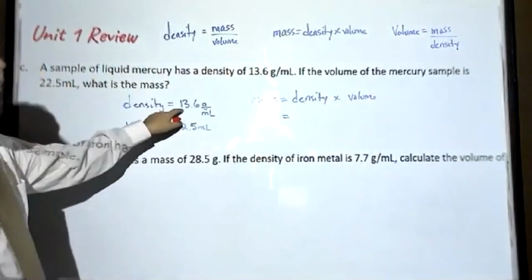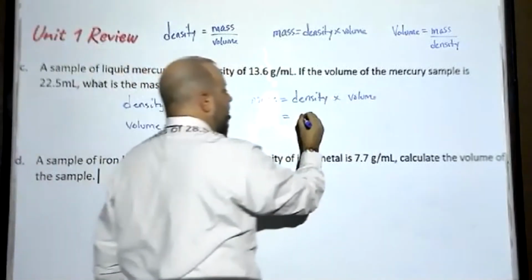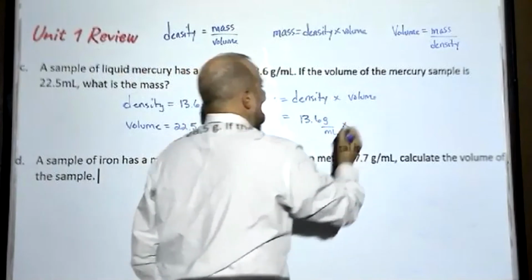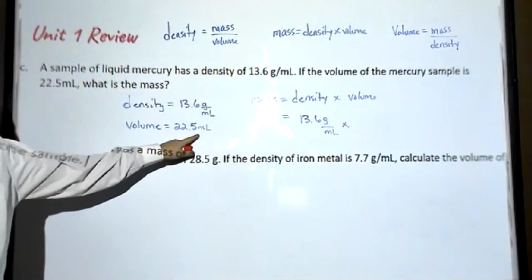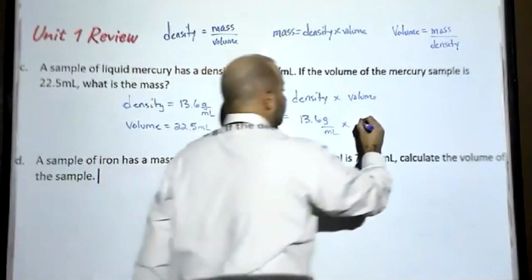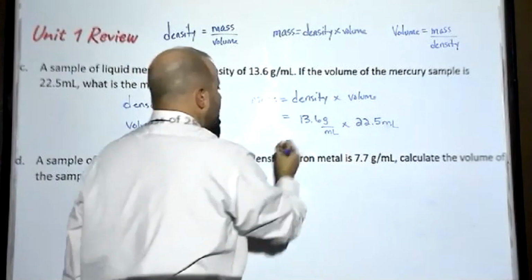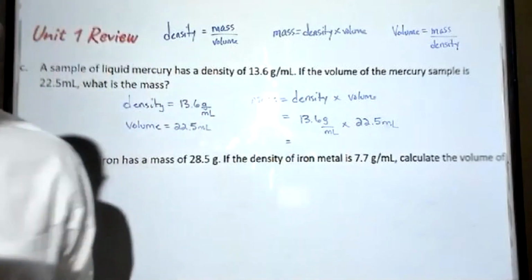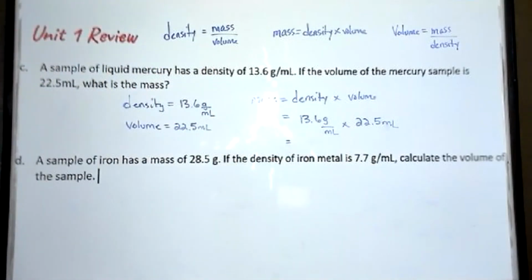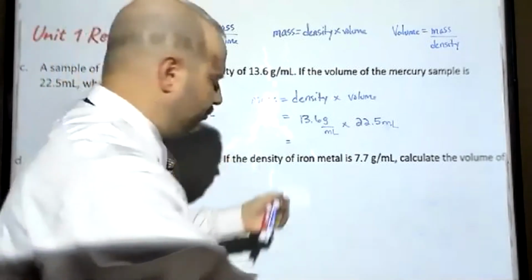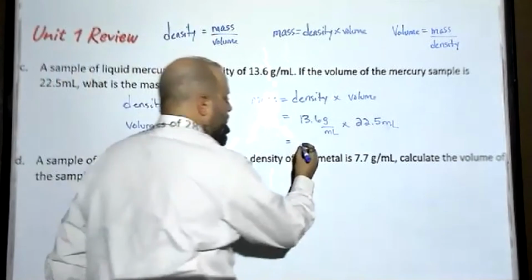So my density, 13.6 grams per milliliter, and my volume, 22.5 milliliters. I can type that into my calculator. So I have 13.6 times 22.5, and I get an answer of 306 grams.